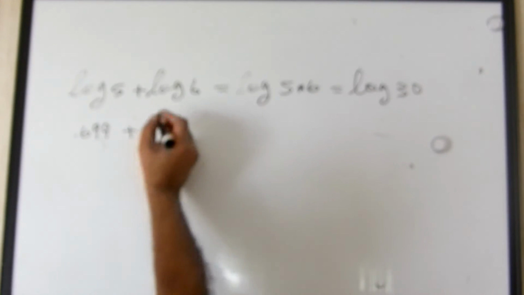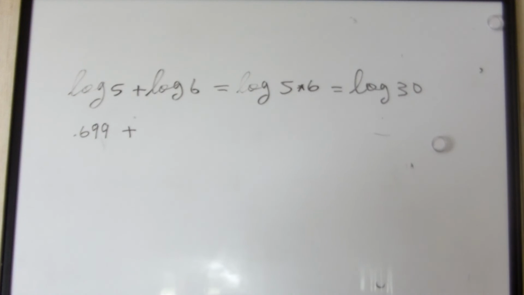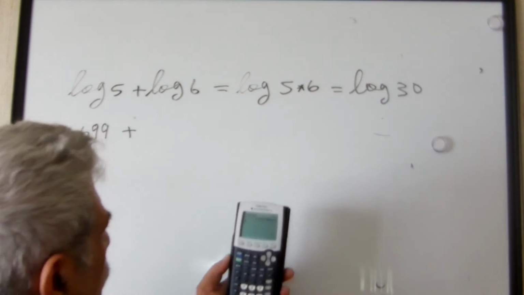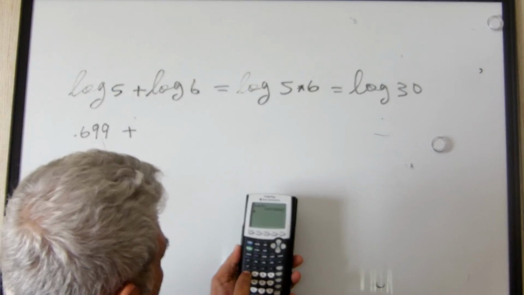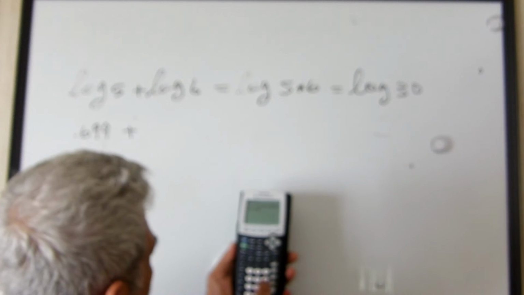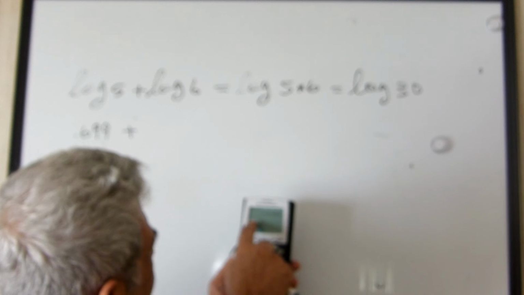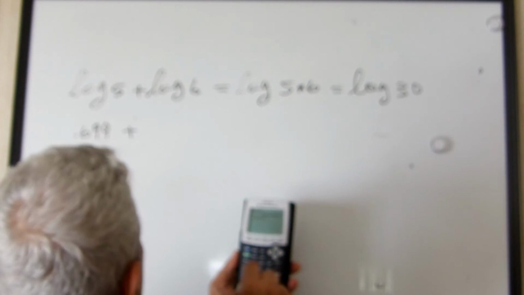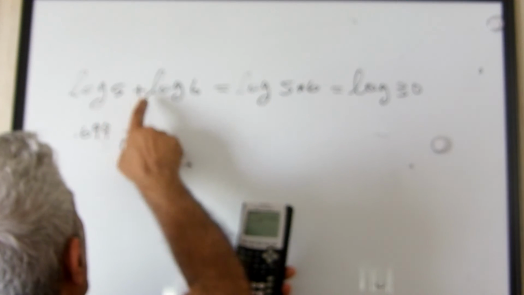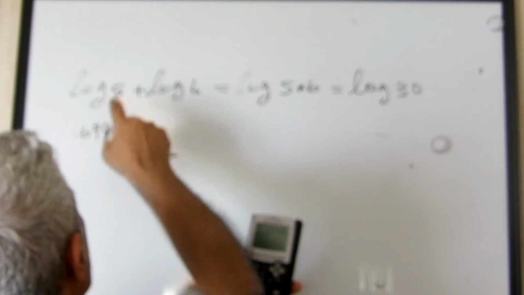And this is plus log of 6. Log of 6, these are powers of 10, meaning 10 to the power of something is going to be 6. This one, 10 to the power of 0.699 is going to be 5.